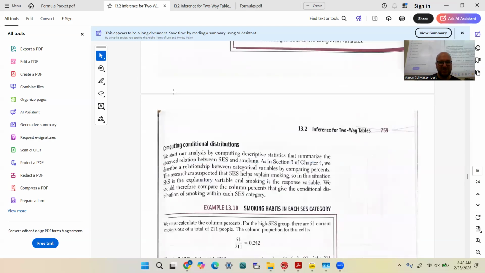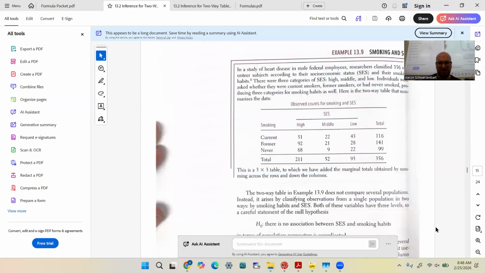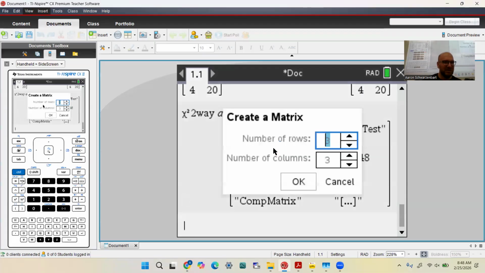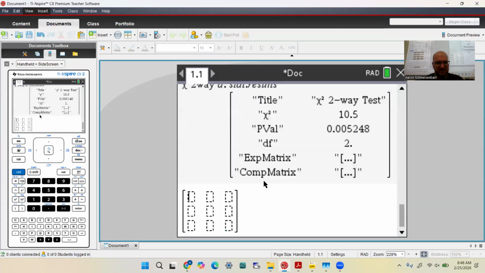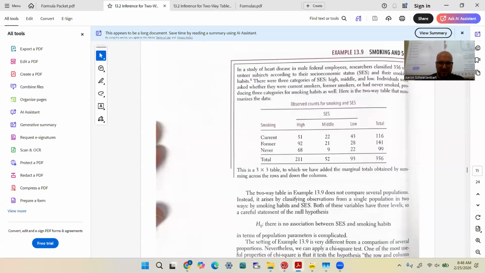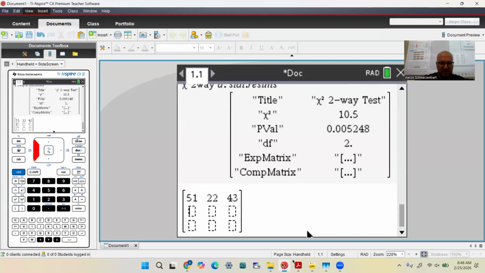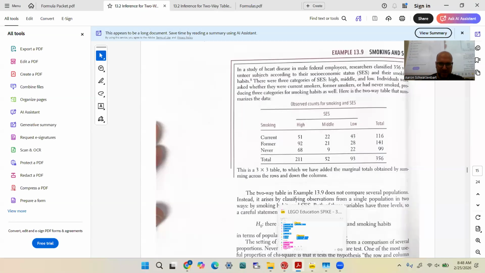So we got to go back to our original. You do not need to enter any of the totals in your matrix. This is a 3x3. I don't remember the numbers. 43, 92. I think 28.